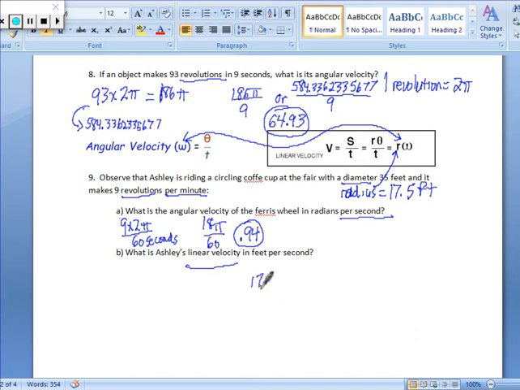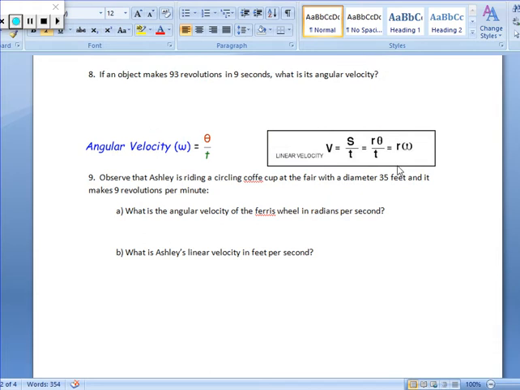So if I did 17.5 times the angular velocity, which is 0.94, I'm going to get approximately 16.45. Questions? Concerns? Okay, clear this out. We're going to keep moving.